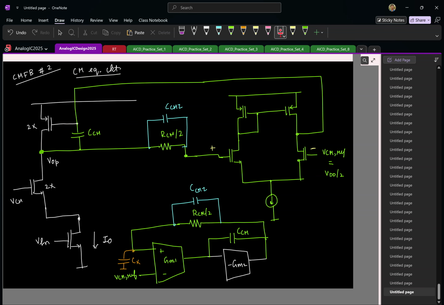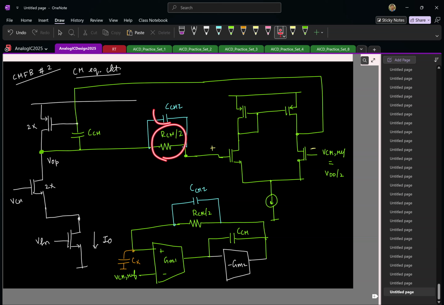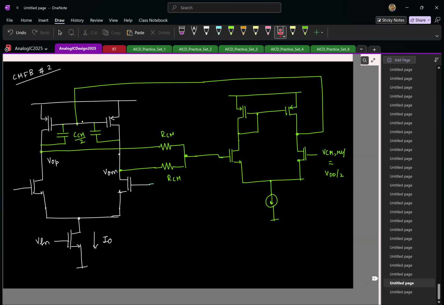Now, of course, we also had this zero adding capacitor that is put in parallel with half the common mode resistor. So in the actual circuit, what should happen? In the common mode equivalent circuit, I have RCM by 2 and one capacitor put across it. So in the actual circuit, I should have two capacitors. Very good. What should be the value of the capacitor?